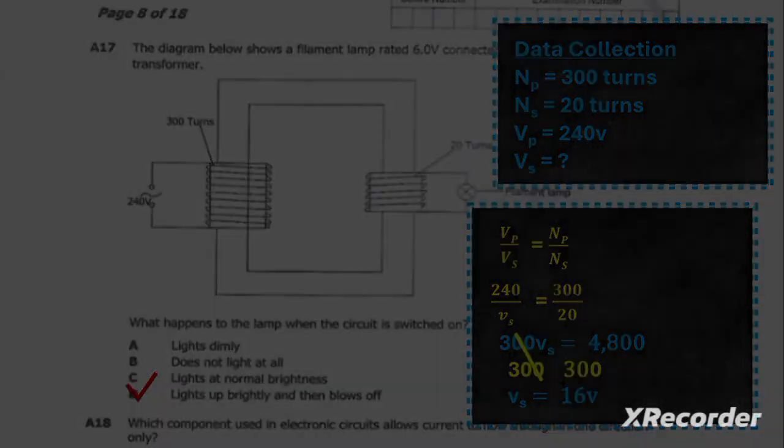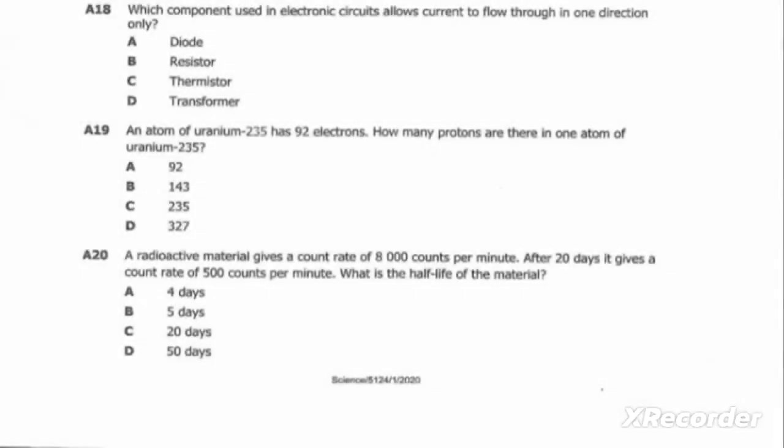We are done with this question. Let us move to the next question, which is question A18. Which component used in electric circuit allows current to flow through one direction only? A. Diode. B. Resistor.